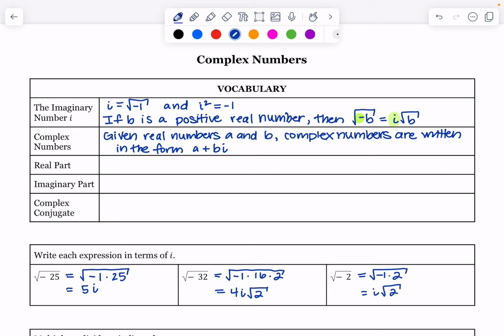And the real part of a complex number would be the a, and the imaginary part would be the b, because of the bi, the imaginary number i.